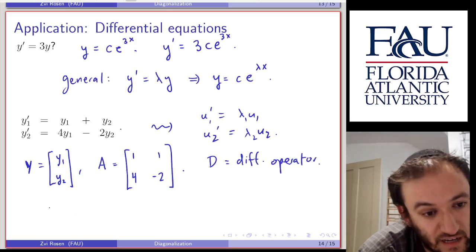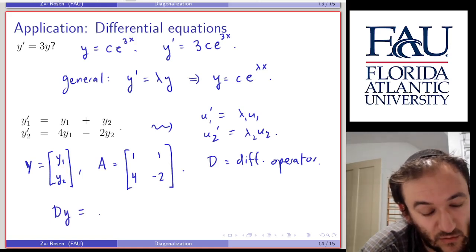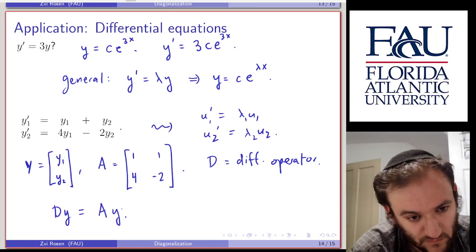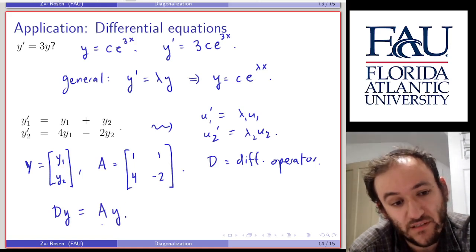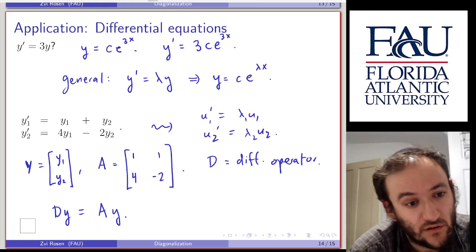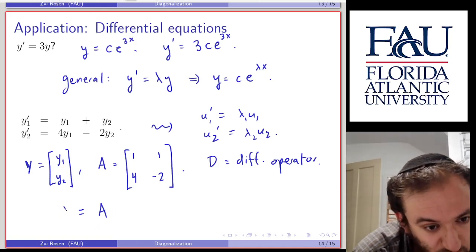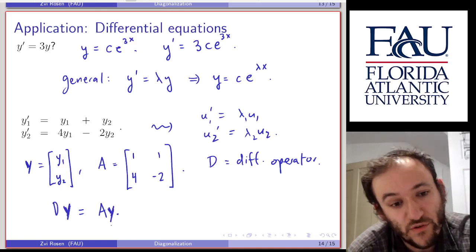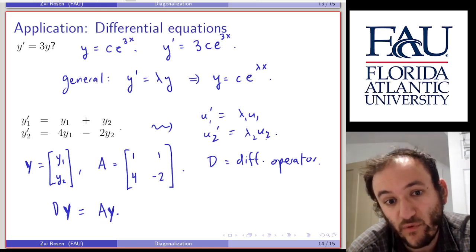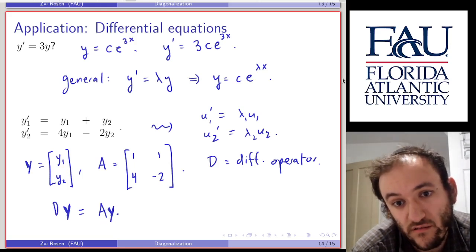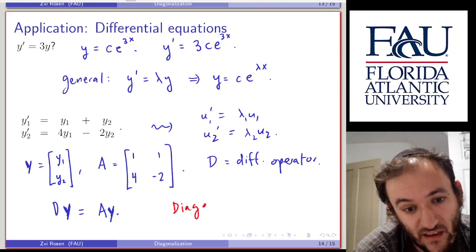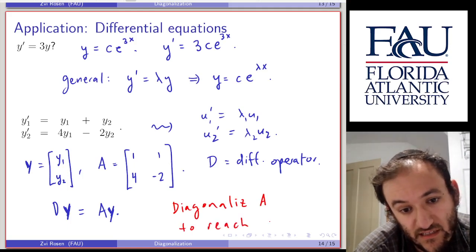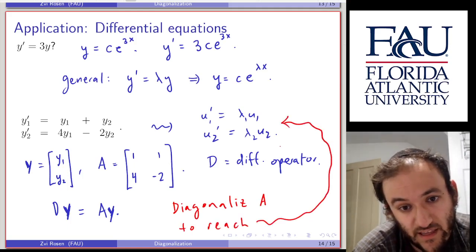Okay, so what we have here is D y equals A y. Or really, I should put this in vector form, so it's D times y is A times y. Okay, so if we could diagonalize A, then we could get closer. So diagonalize A to reach a system that looks like this.